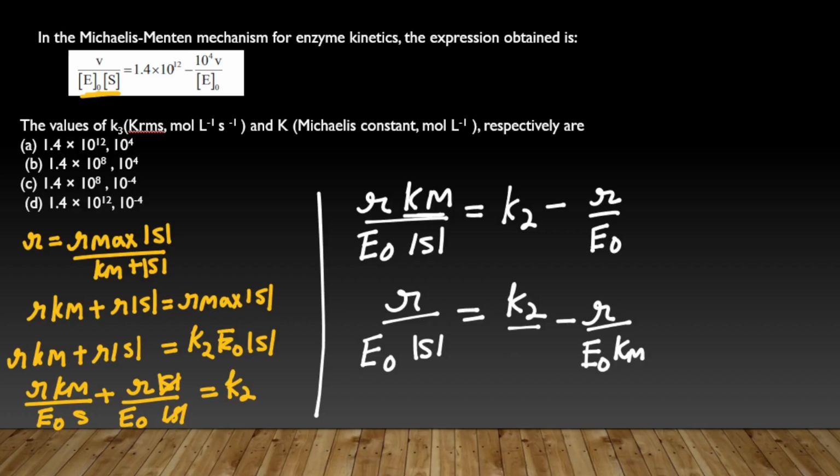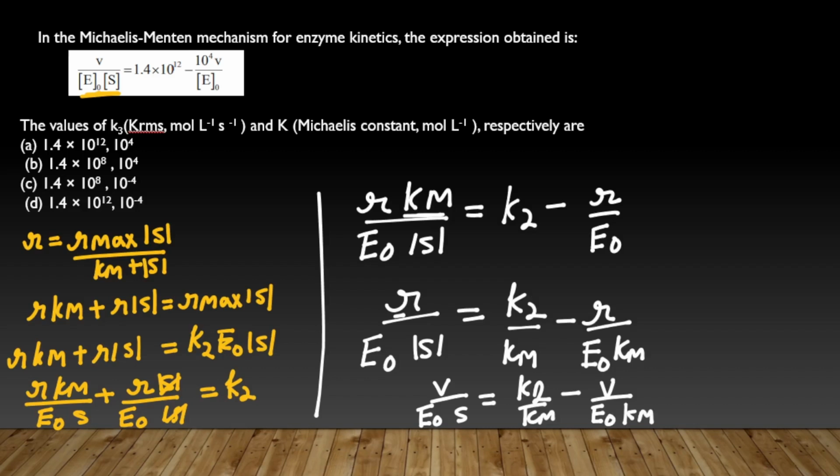Here also it was K2 by Km. This is the expression we are getting. Now here instead of this R, the V term is just being used. So you can replace it with V upon E naught into S is equal to K2 upon Km minus V upon E naught into Km. This we can write like this.